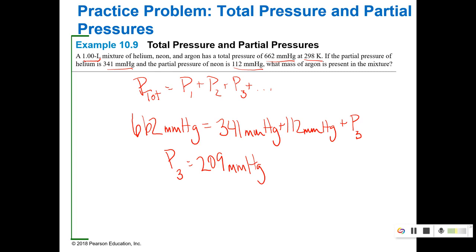So at this point, we could plug that into the PV equals nRT equation, the ideal gas law.